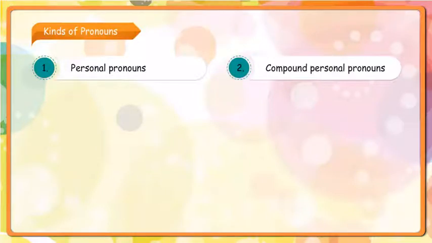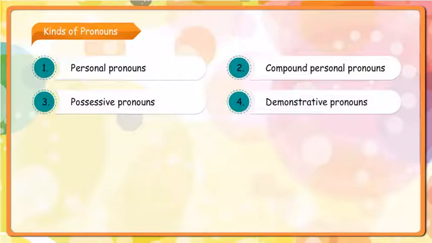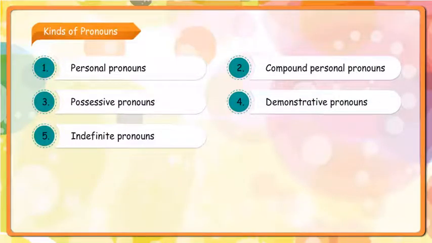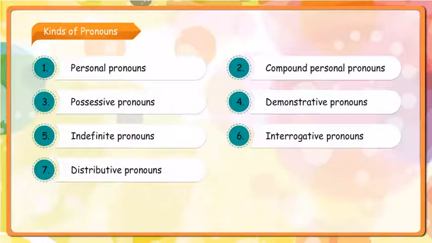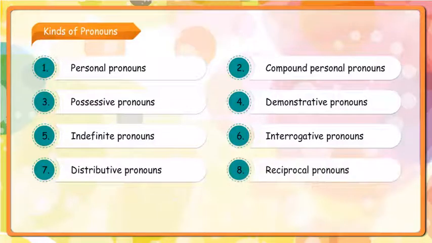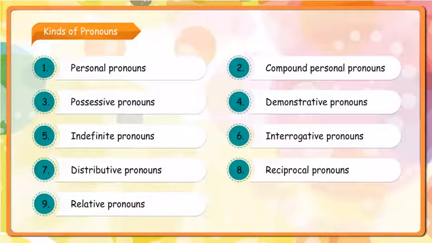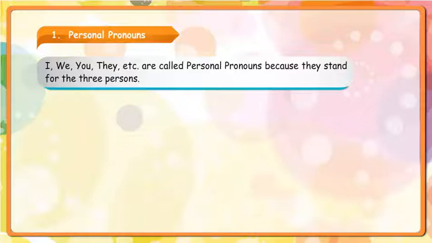Kinds of pronouns. Personal pronouns, compound personal pronouns, possessive pronouns, demonstrative pronouns, indefinite pronouns, interrogative pronouns, distributive pronouns, reciprocal pronouns, relative pronouns. Personal pronouns. I, we, you, they, etc. are called personal pronouns because they stand for the three persons.